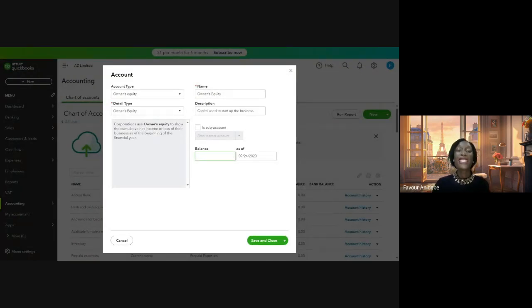But whenever money is increasing in an asset account, you debit it. I really hope you understand. What I'm trying to bring out is that you cannot leave this empty, because when you tell QuickBooks that you paid money from owner's equity to Access Bank, QuickBooks is asking, if you are telling me that you paid money from owner's equity to the Access Bank account, there should be money in your owner's equity.